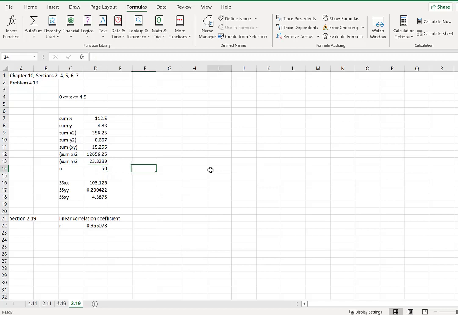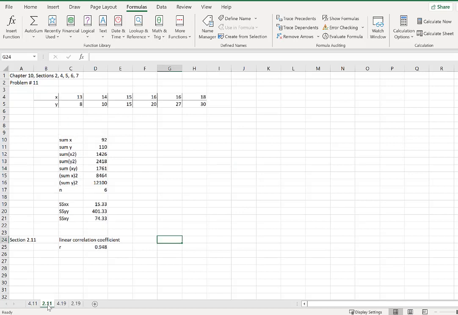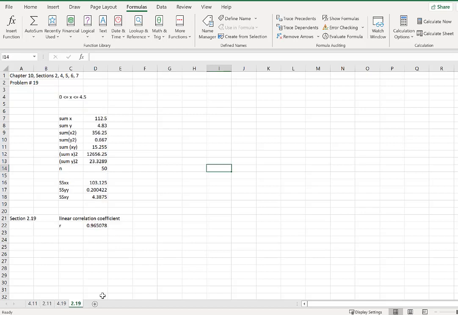Now essentially what I did here, if you were looking at the screen, you can see down here at the bottom I've got stuff going on that essentially took the problem we had on number 11 and I just copied it over to another tab, so I had it structured. So I had the formulas already in place. So my formula for the sum of the squares of x's is the same formula I had in 2-11, because I had everything in the same spots up above in terms of where I had my values.